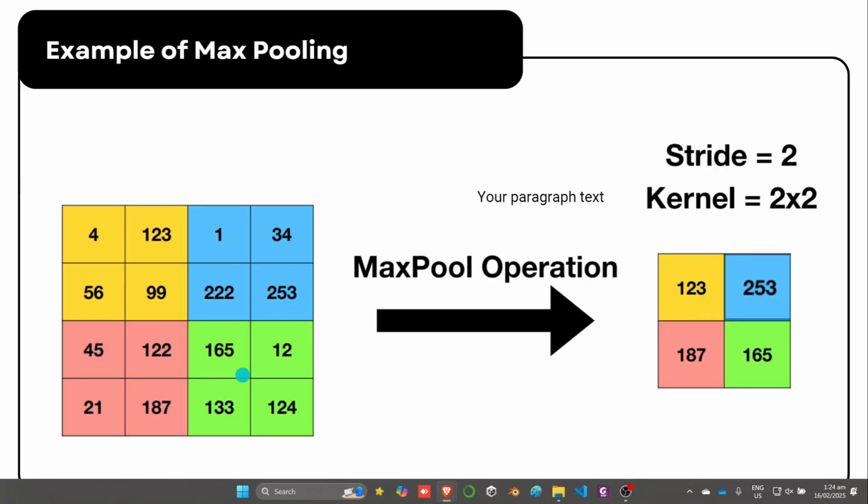As I already explained, we need to average this. The average of these four blocks will be added here, so instead of max pool, it will be average pooling. If you're using sum, you need to sum all of these, and the resulting sum here will be this one. That will be a sum pooling operation.